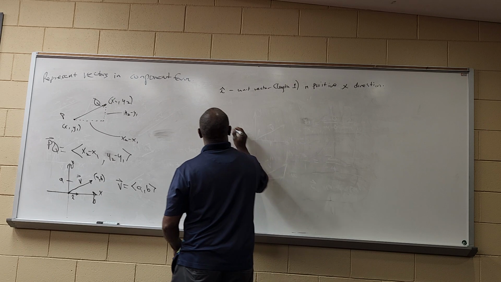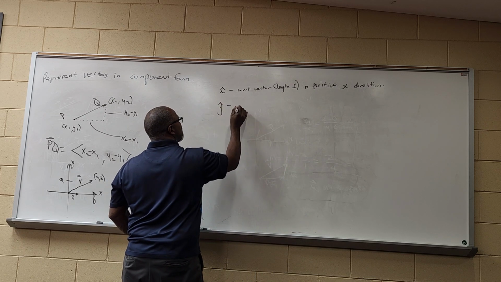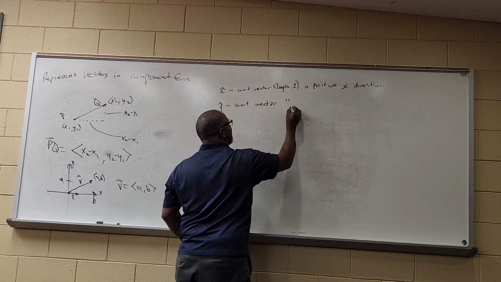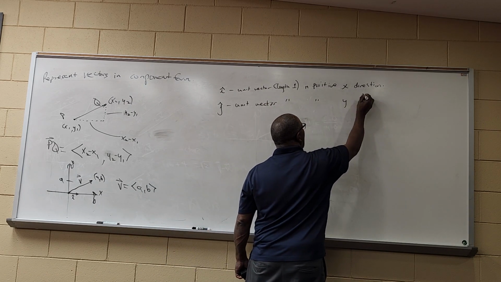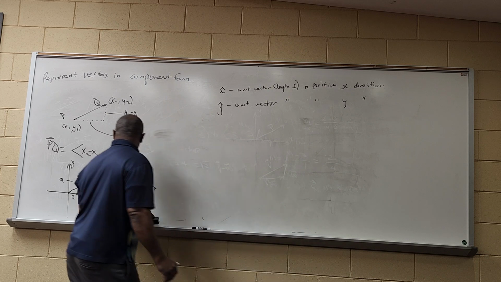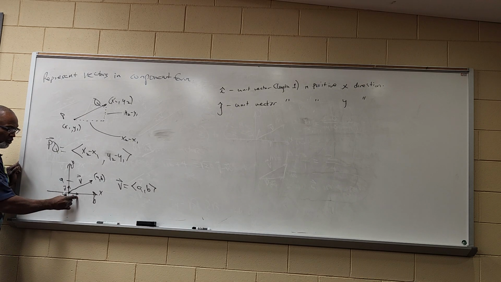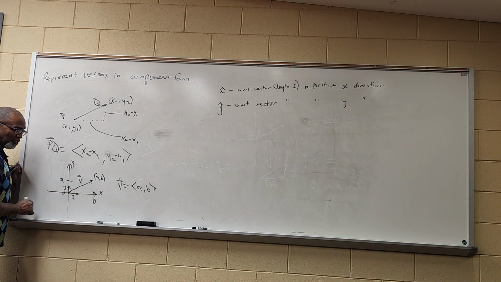That's what I is going to represent. J is going to represent a unit vector, and again length 1, in the positive y direction. So if I imagine I and J, I is a unit vector in the positive x direction, J is a unit vector in the positive y direction.